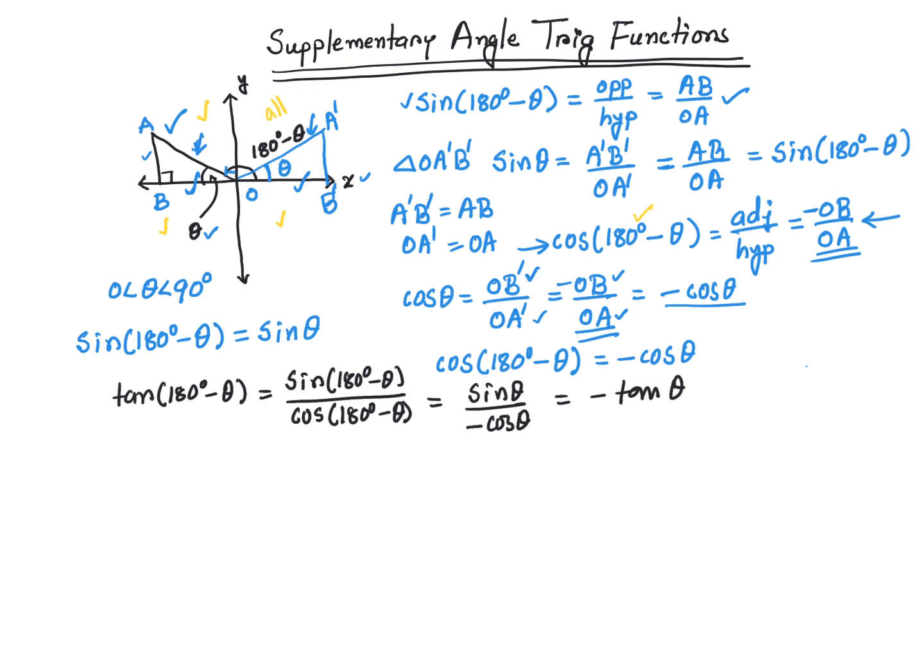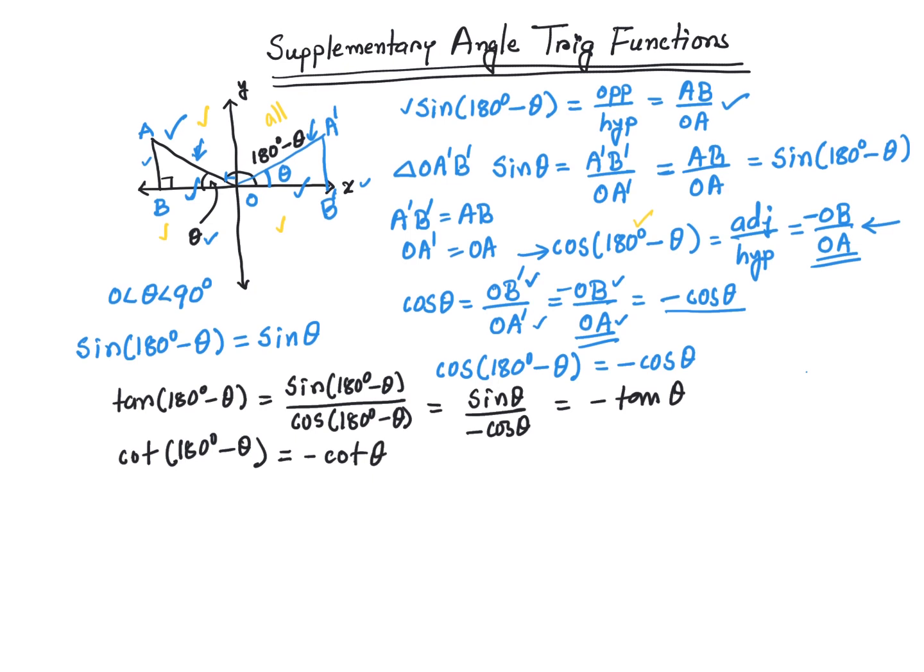And you could similarly find the other trig identities. Cotangent of 180 degrees minus theta is going to be negative cotangent of theta.